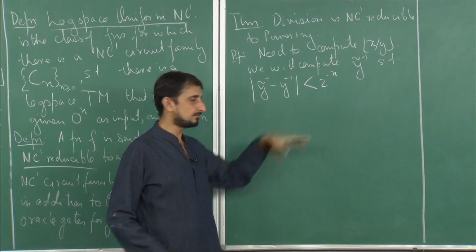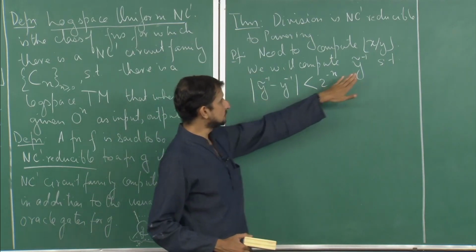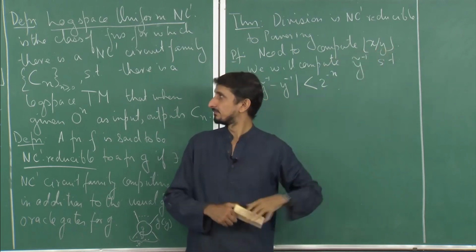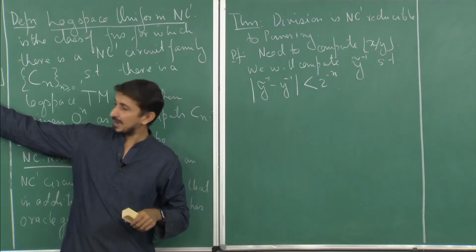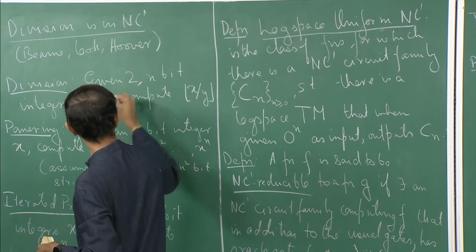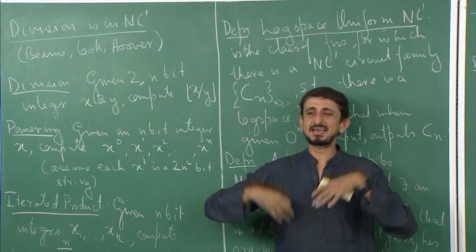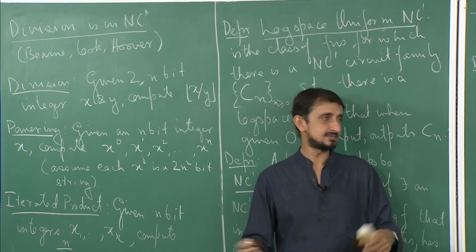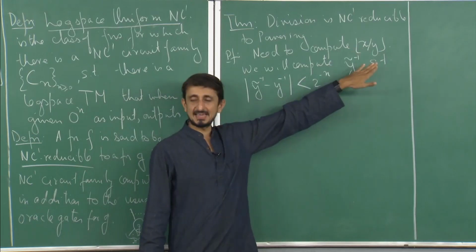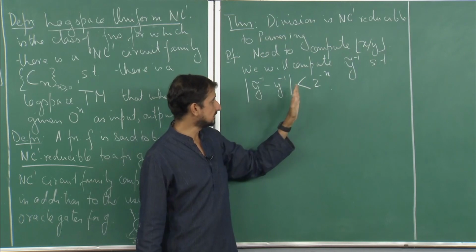Now, why less than 2 to the power minus n? Because once we have this, so what are these x and y's? So, x and y are given n bit integers. So, the maximum value that any of these can have, for example, the maximum value that x can take is 2 to the power n.